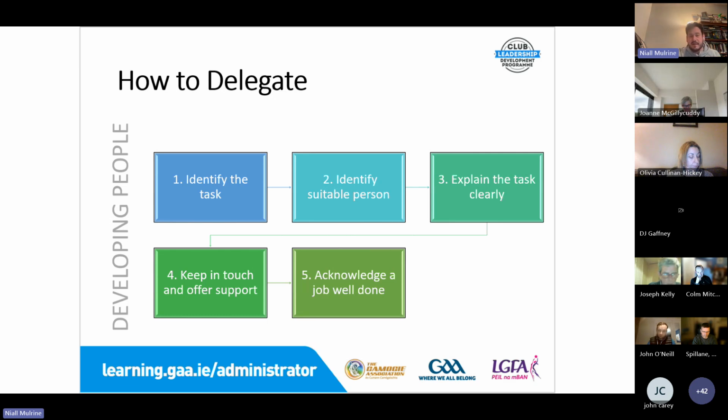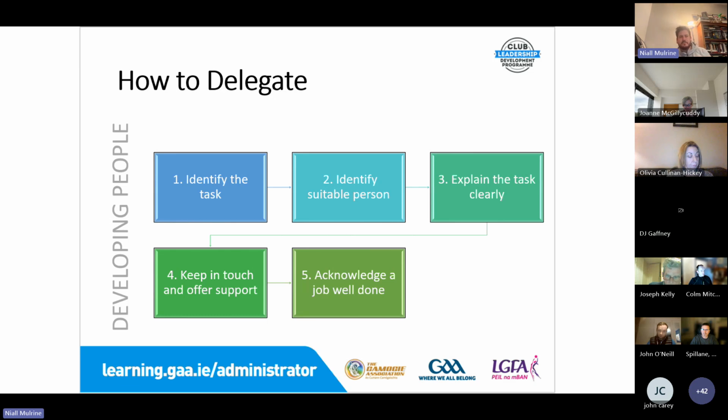The next part of that then is explain it really clearly. So this is the bit where delegation probably falls down for some people. I'm sure we have a number of people here that aren't new chairpersons and have been here for a number of years, and you might have a really good understanding of what exactly you do on a daily basis and what all your jobs are.